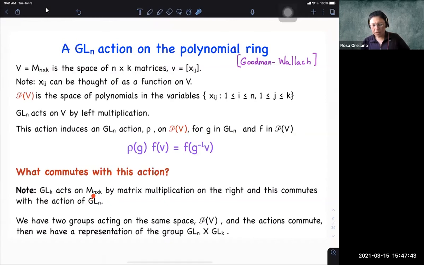Since matrix multiplication is associative, the actions commute. It's pretty easy to see in this case. So you have an action of GLN and an action of GLK on the same vector space, and the actions commute. That means you can define an action of this group.